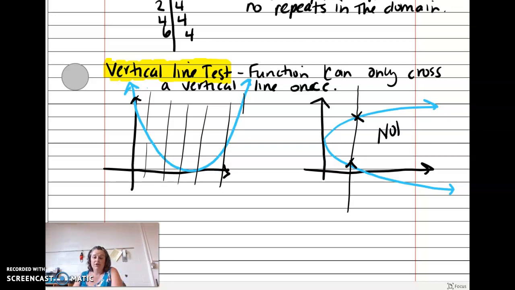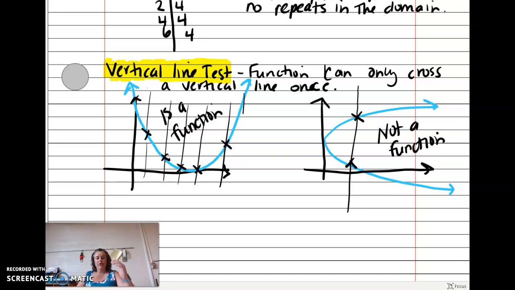This is not a function. It's a relation, not a function. This one is a function because no matter what, it crosses only once, and I can't find a place where there are two in a vertical path.